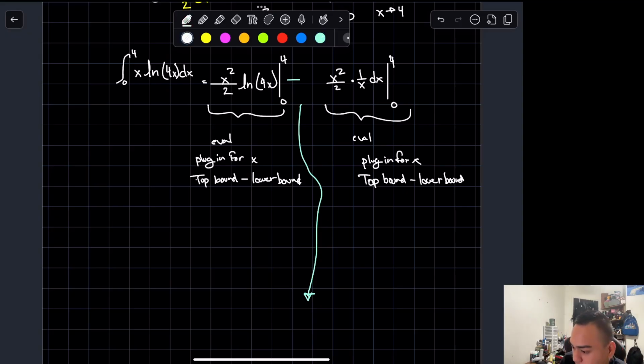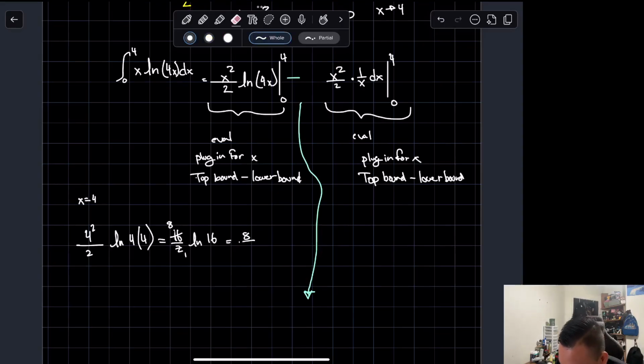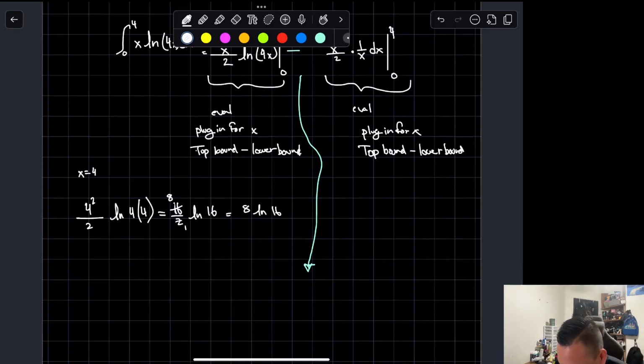Okay, let's do one side first. So when x is equal to 4, you're going to get 4 squared over 2 ln of 4 times 4, which is going to equal 16 over 2 ln 16, which is going to become 8 ln 16, and now if you remember the rules for this, 16 is essentially 2 to the 4th power, right?